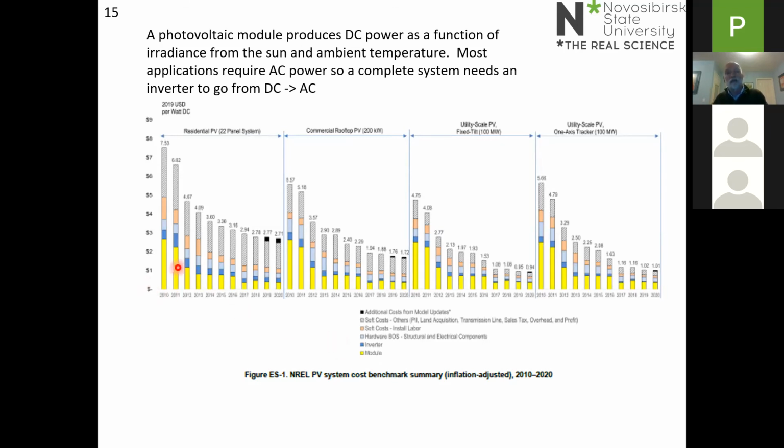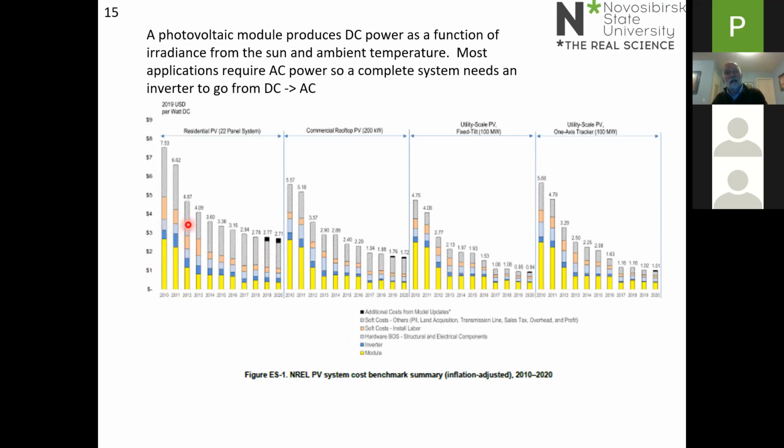So if we look at the basic costs of any of the four sizes of the systems here, you'll see that the module cost is just about the biggest cost. And it's pretty much the same whether you put 5 PV modules on your roof or whether you have a 100 megawatt solar farm.